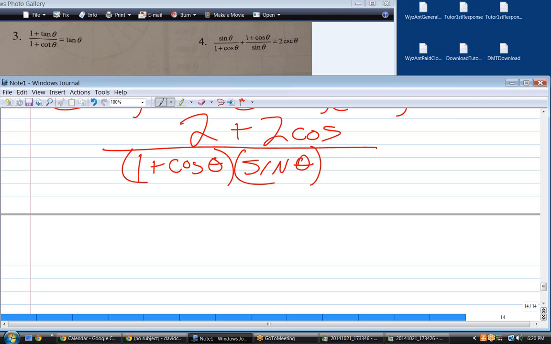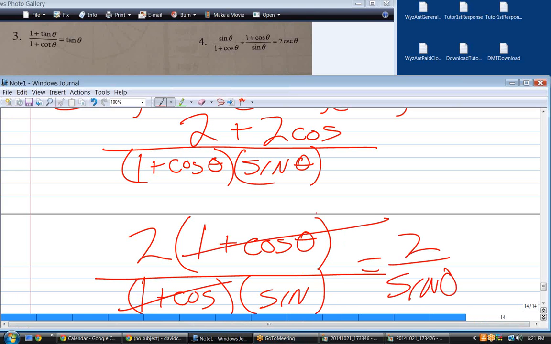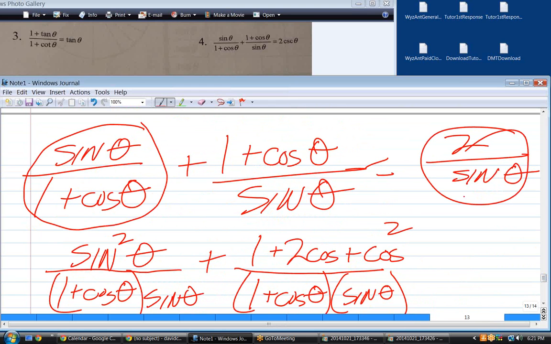The cosine and the cosine cancel? Well, not at this point they won't. But if you factor a 2 out of the numerator, what do you have behind? It'd be 2 times 1 plus cosine. That's going to cancel with this 1 plus cosine. Now I can cancel that with that. I've got 2 over sine theta, which is the same thing as 2 times cosecant theta, which is what we're trying to prove. Yes, it's 2 cosecant theta.